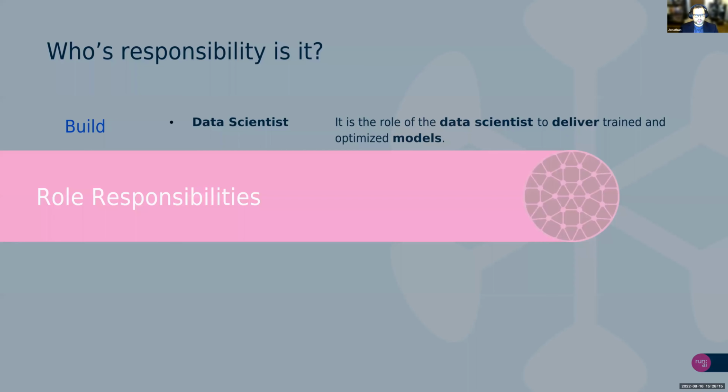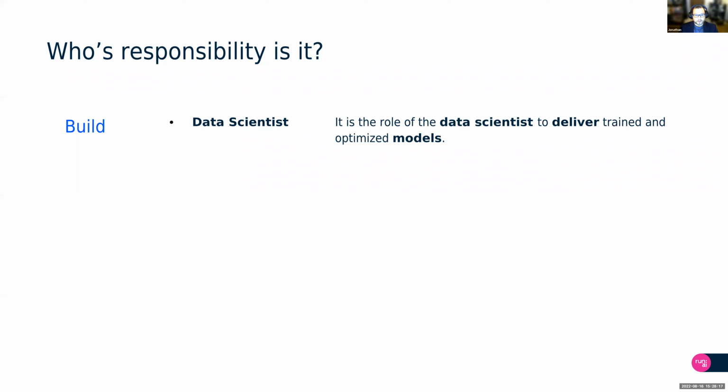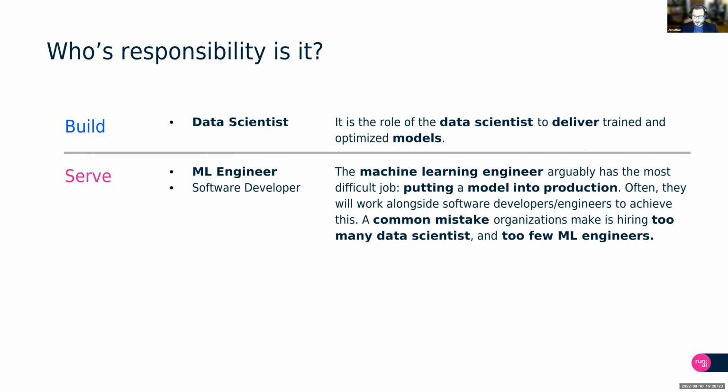In terms of the roles and responsibilities, it is the responsibility of the data scientist to actually build and train the models. The ML engineer arguably has the most difficult job because they have to put the model into production. Sometimes they'll work alongside software devs or engineers to achieve this if there's maybe a mobile application that needs to be created.